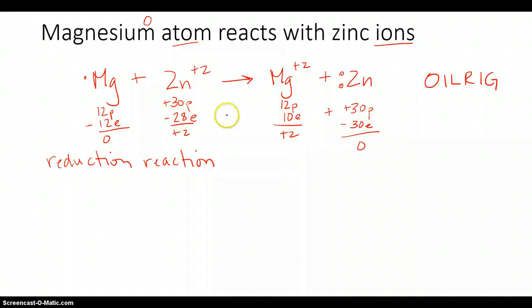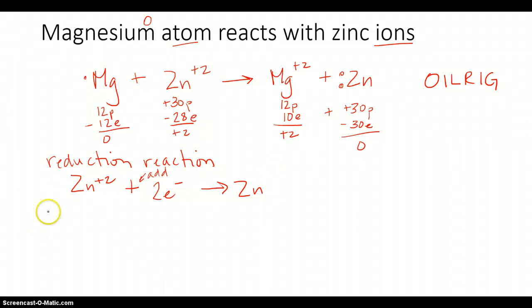So clearly this one did not gain electrons, it lost electrons. Zinc had 28, and then ended up being with 30. So this zinc did in fact gain electrons. So we write zinc with its +2 charge. I more or less copy it on this side. And on this side, remember, this does mean add. Okay? It added or gained 2 electrons to become zinc that is neutral.